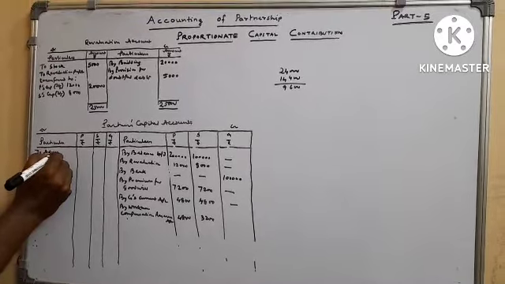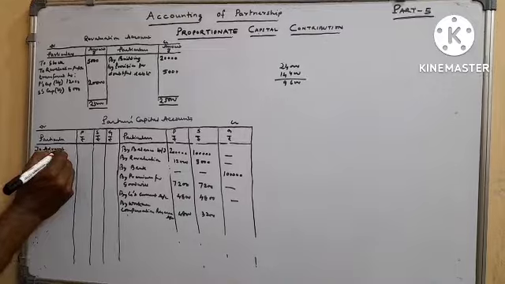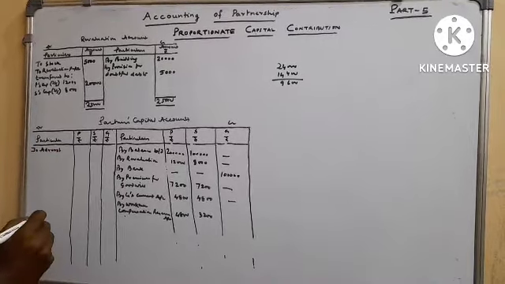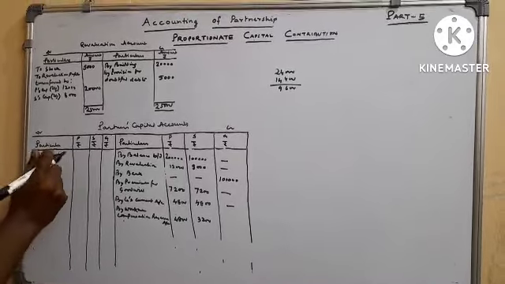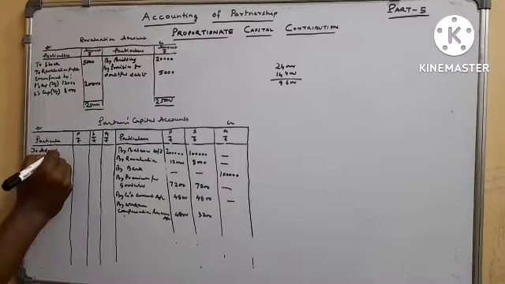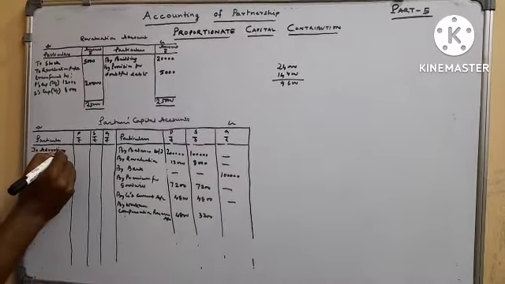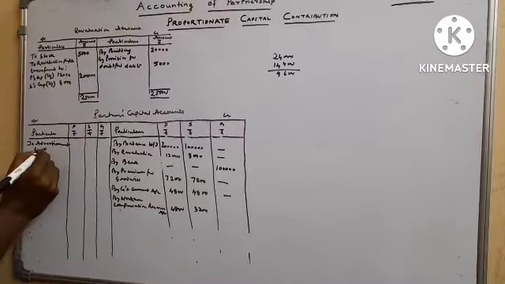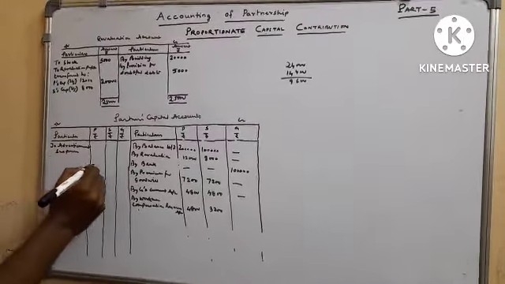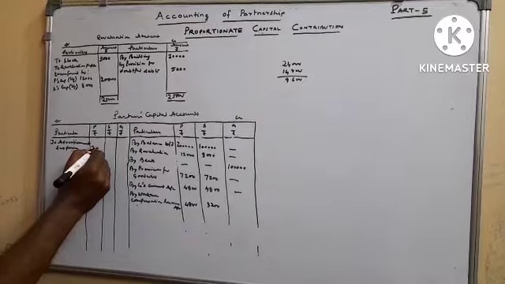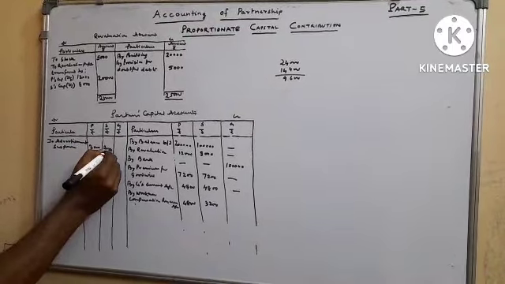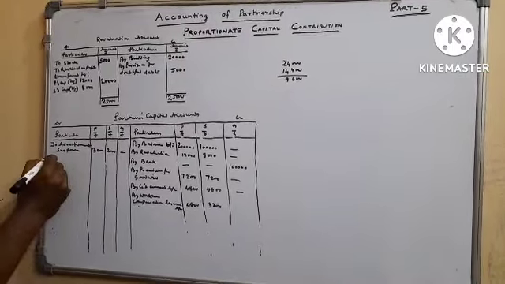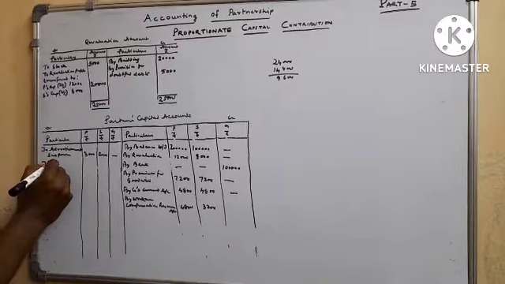Among old partners in what ratio? In old ratio. $3,000, $2,000.